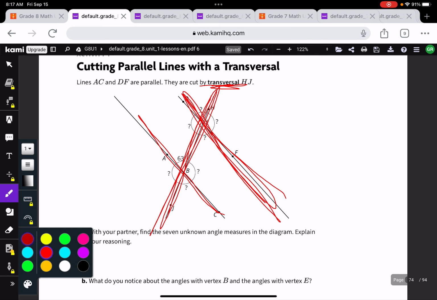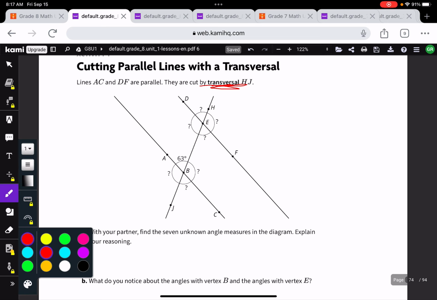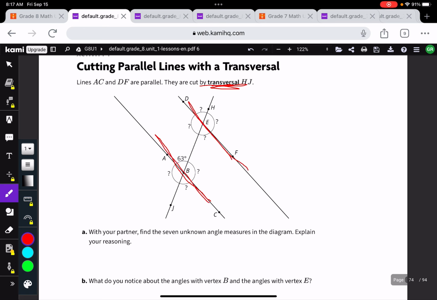Thank you, iPad. Those two lines are parallel, and if parallel lines are cut by a transversal, then whatever is happening down here is going to be mirrored up here.